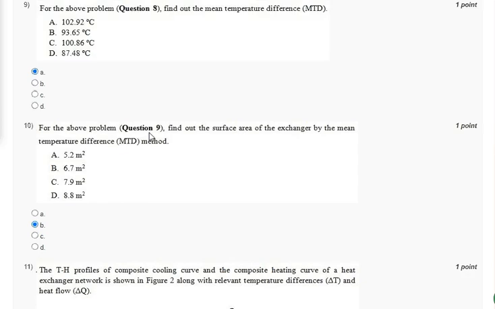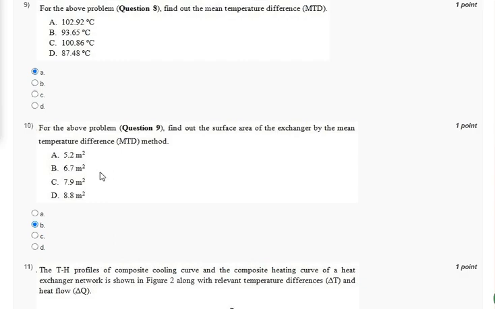Like that, for the above problem, find out the surface area. So by the use of formula, Q is equal to UA delta T into correction factor. So we will get the area will be 6.7 meter square.